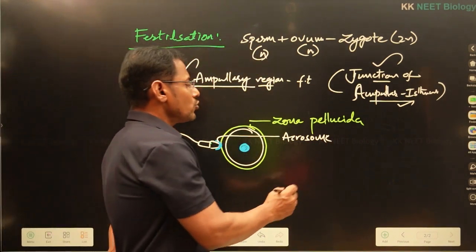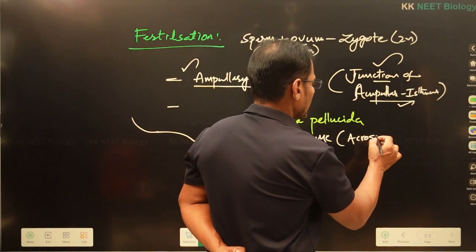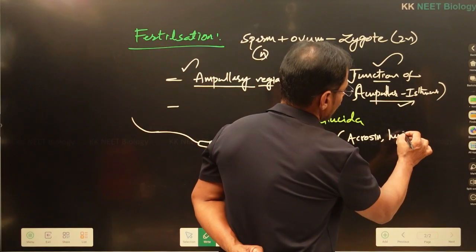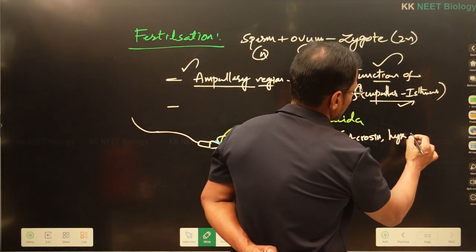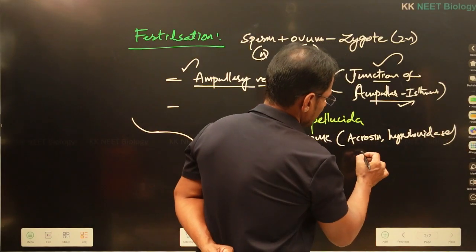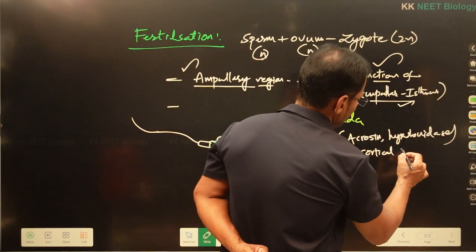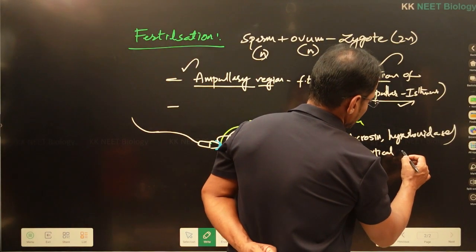The acrosome has many kinds of enzymes: acrosin, hyaluronidase and cortical enzymes.